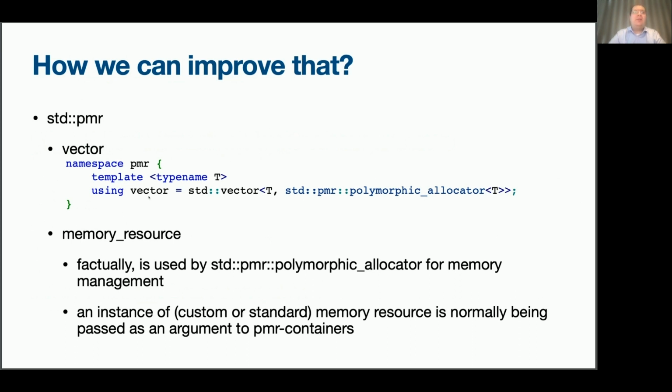So pmr::vector is a container which we are going to use in the next example. It's a specialization of the standard vector, which we know from the very beginning of the C++ STL library, but with a special polymorphic allocator, which leverages the so-called memory resource class. We are going to define a std::pmr::memory_resource.